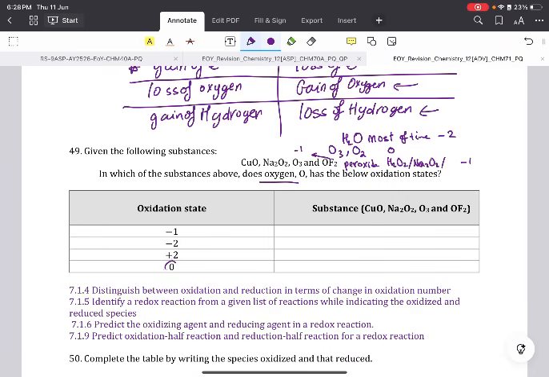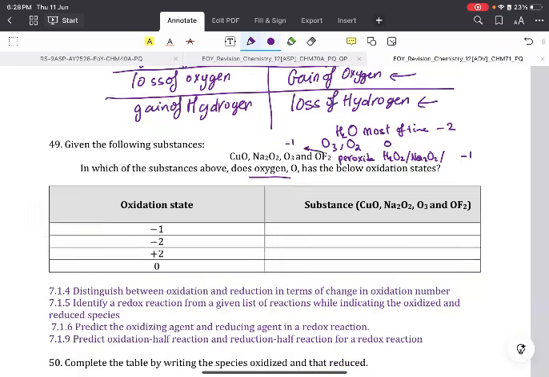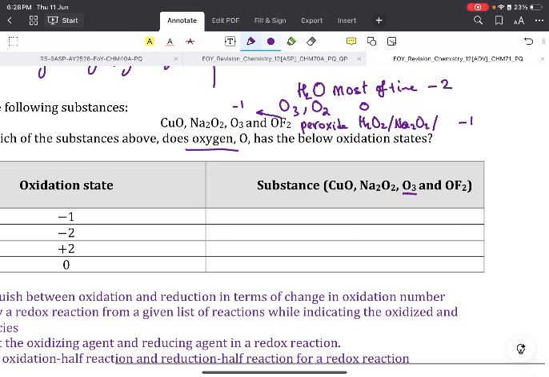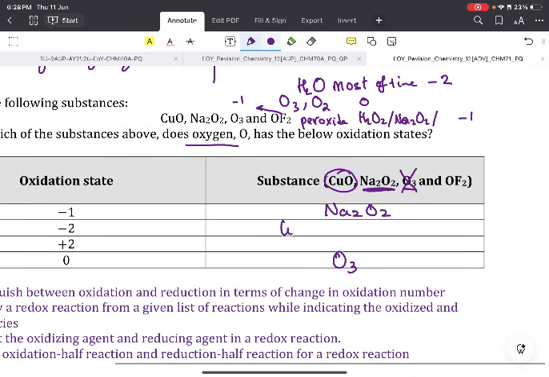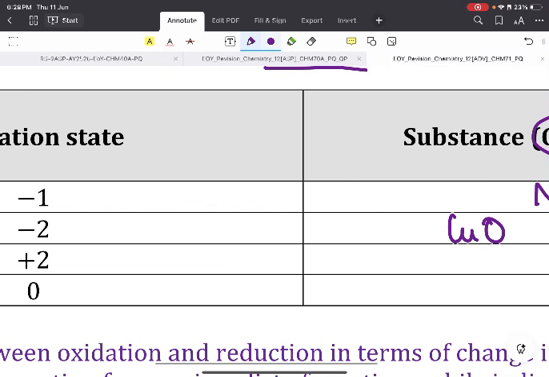So let's start. 0 is for the elemental form, so O3 is in the elemental form. That's a peroxide, and the oxygen in a peroxide is -1. Now this is just a normal compound, like any other compound containing oxygen, and it's going to be -2. Now let's look at OF2.